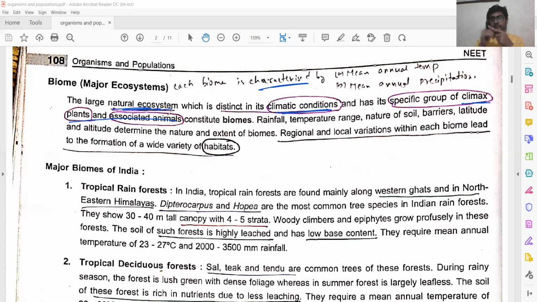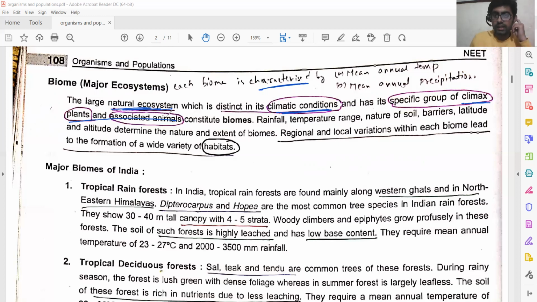Two terms: pioneer community as well as climax community. Pioneer community is the community which begins life at a barren place, and the community which ends the succession process in any place is known as climax community. Means the last serial stage of any community is climax community.